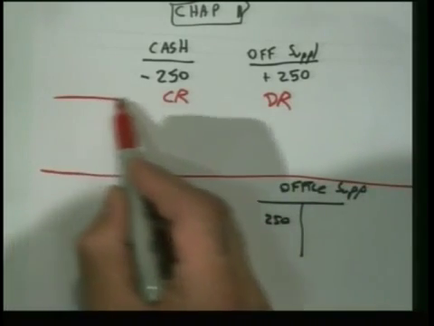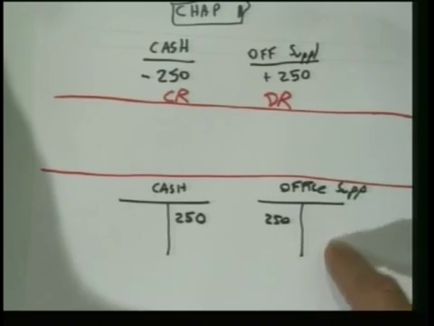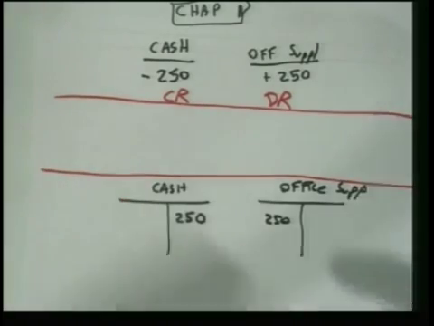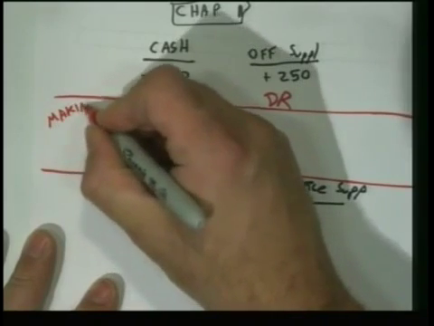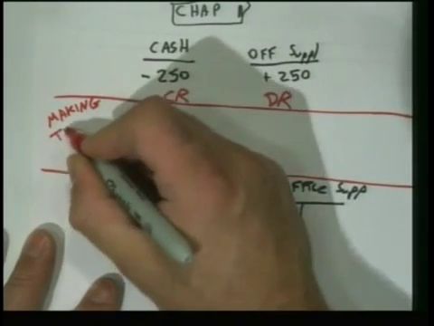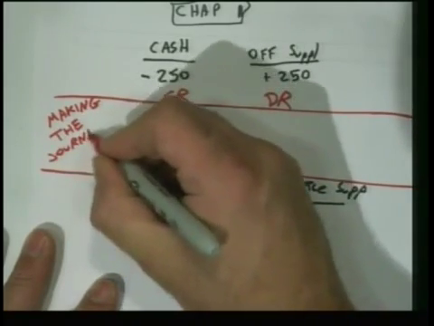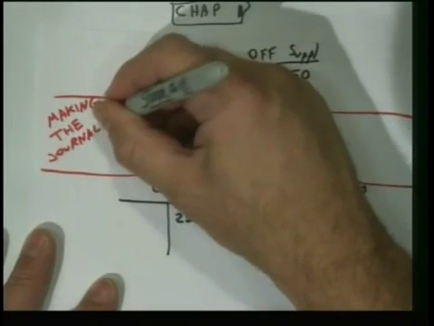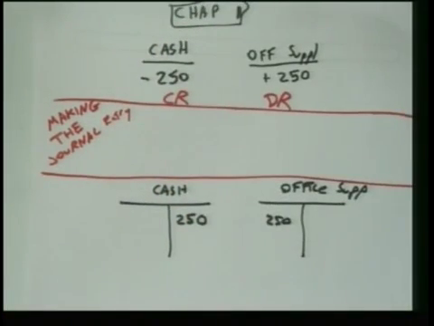Now, I want to point out something that's real important. There's actually a step that comes before this step. What that step is called is making the journal entry. Or sometimes we call it making the JE. And here's how that looks.